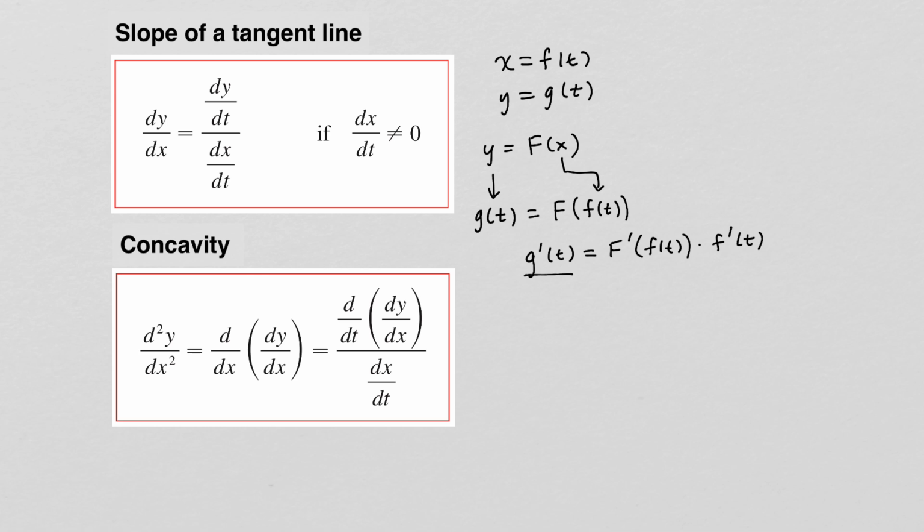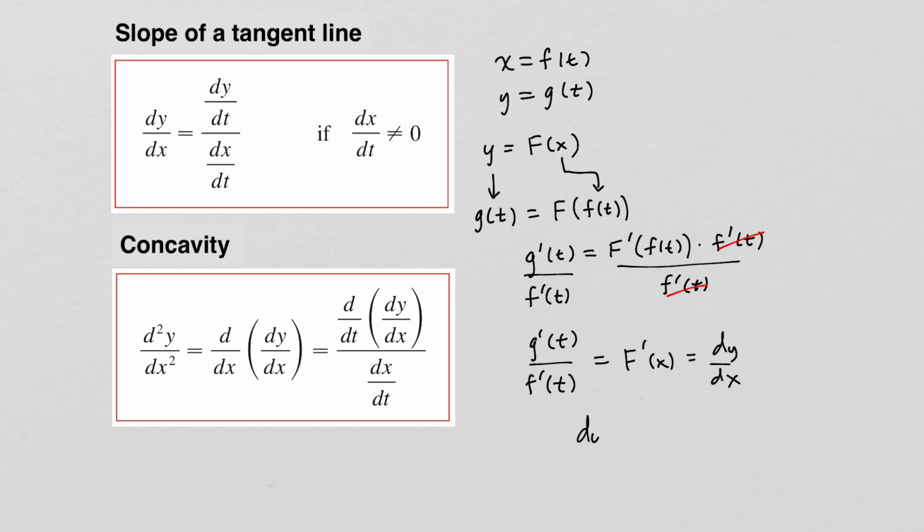Now if we divide both sides by f prime of t, we get cancellation here, and we have g prime of t divided by f prime of t is equal to capital F prime of f of t, but now let's remember that f of t is x, so that's just capital F prime of x, but capital F prime of x is dy dx.